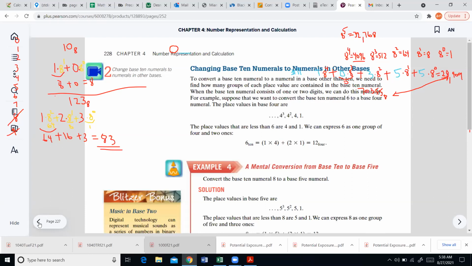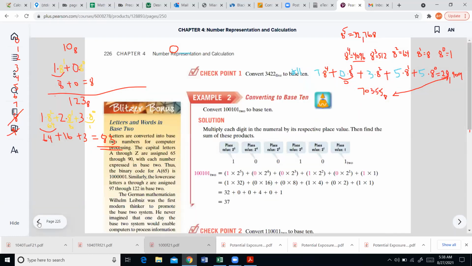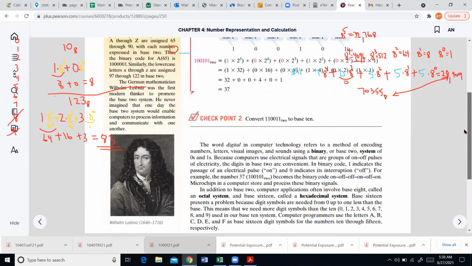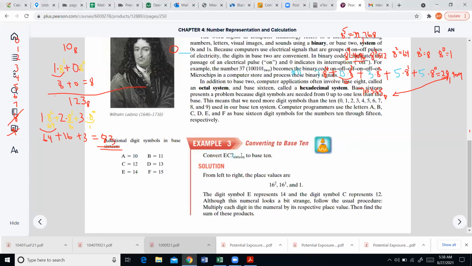So that's why they just work with other bases bigger than 10, such as 11, 16. I think I saw an example here. So that's base 16. You see, example 3.